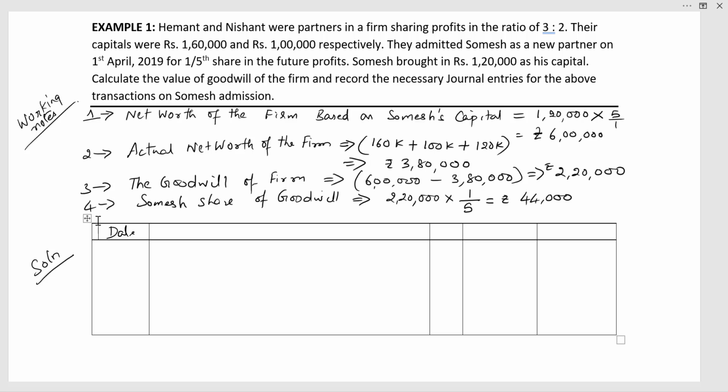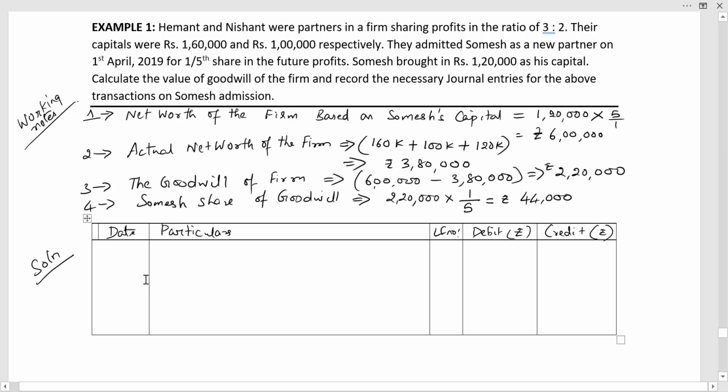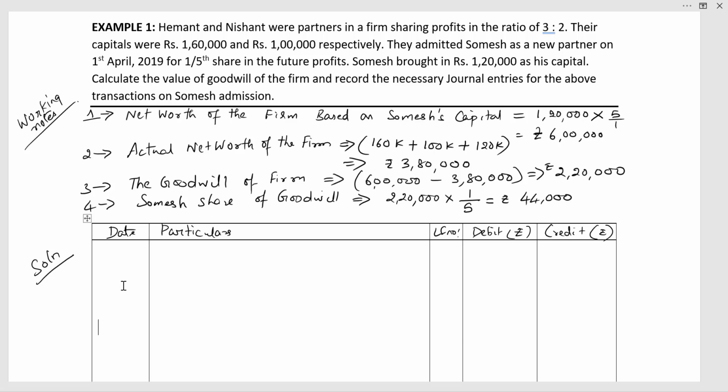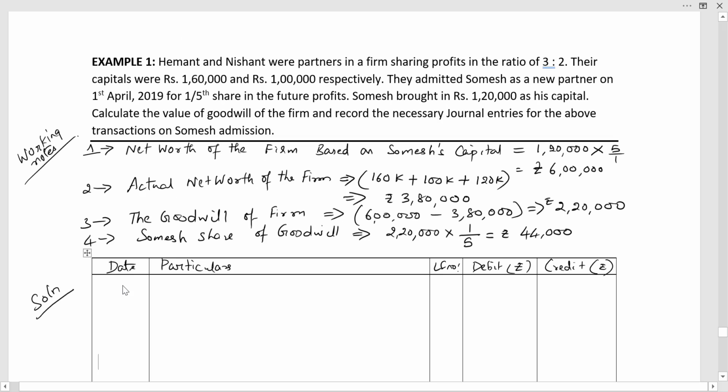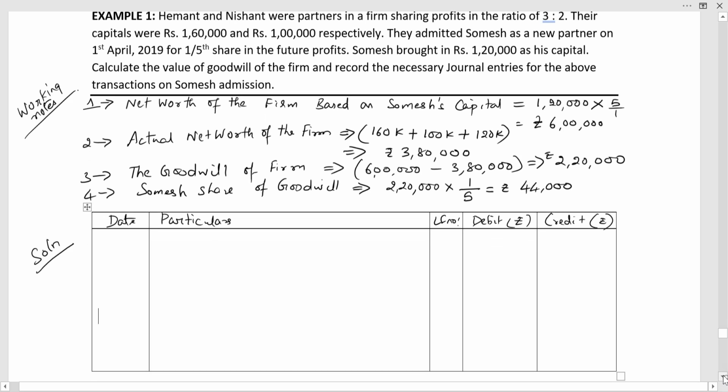Solution: date, particulars, LF number, debit rupees, and credit rupees. The date of Somesh's admission, April 1st, 2019.